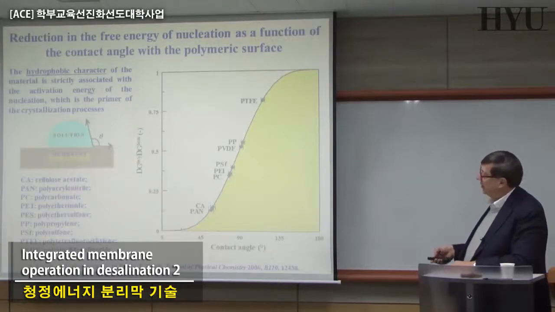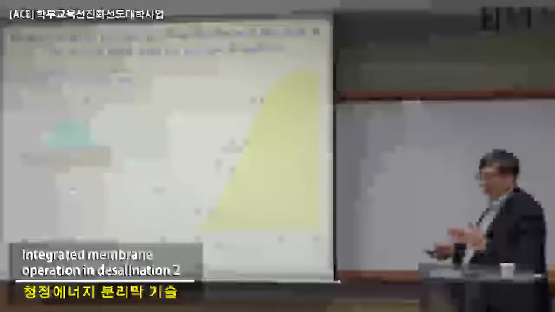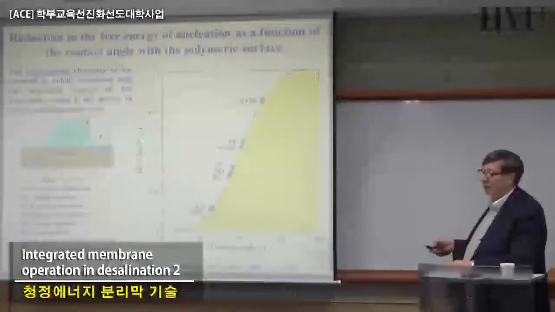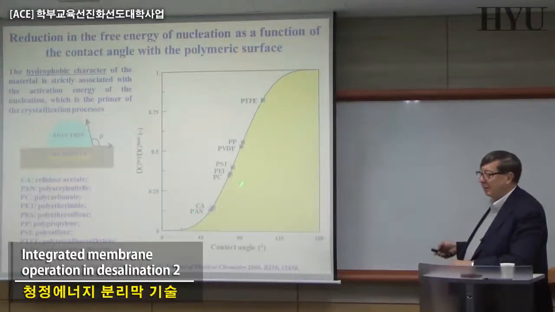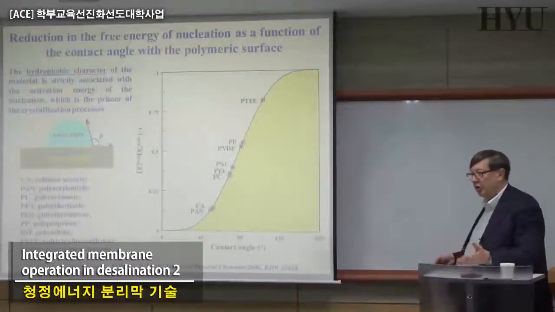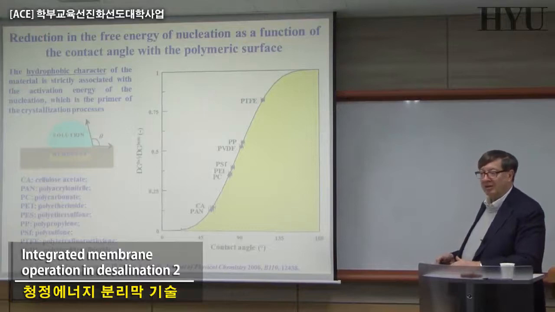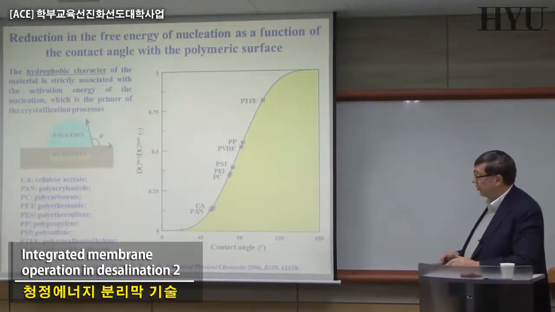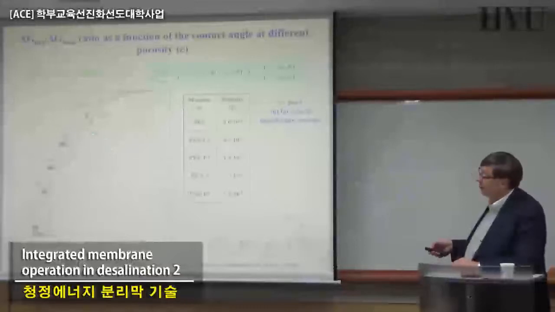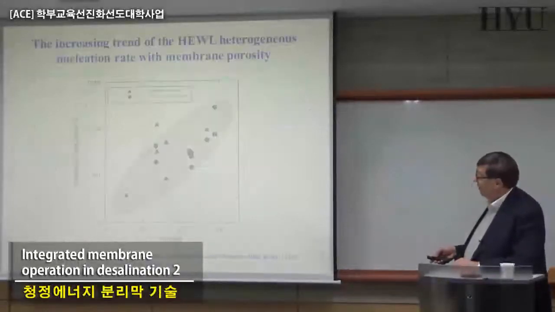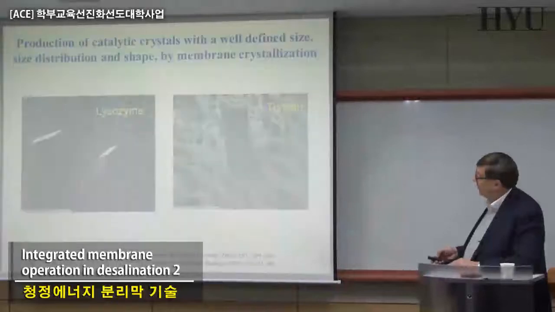And this is the case you can see here: the delta G of the heterogeneous system compared to the homogeneous one, as a function of the contact angle, is very different between Teflon and polyacrylonitrile. So if this is changing, you change the growth of your crystal, the kinetics, and that's what we observe. That's the same, by the way, as a function of the porosity of your membranes.